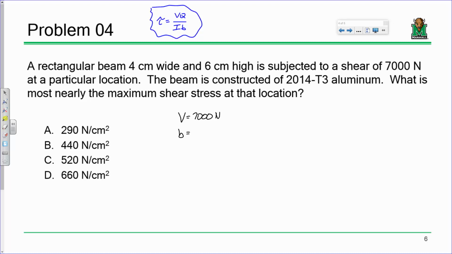Here's the beam, and there's the cross section that you're cutting through. That dimension is b, the width of the beam at the cut. So how wide is the beam at the cut? It's 4 centimeters.